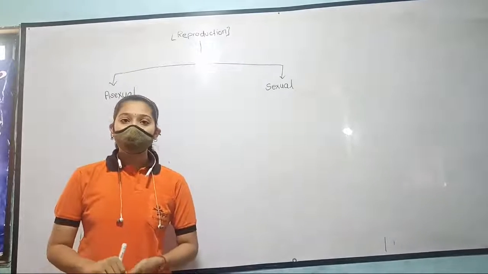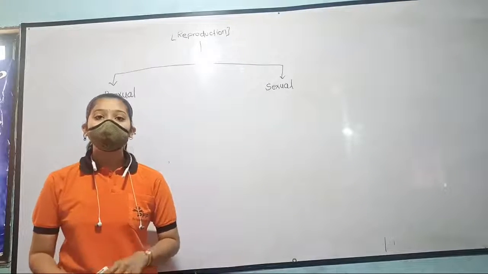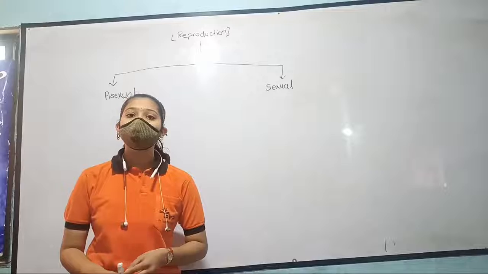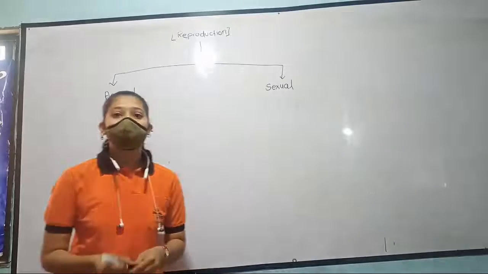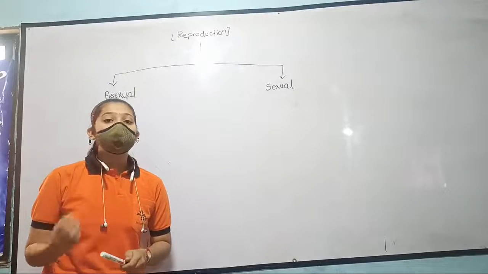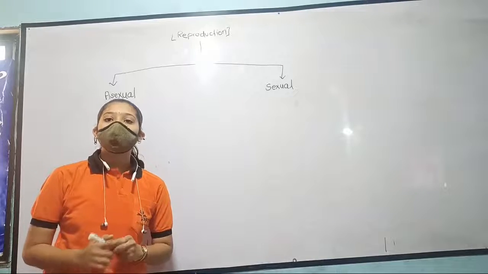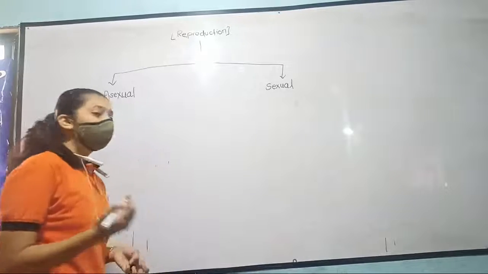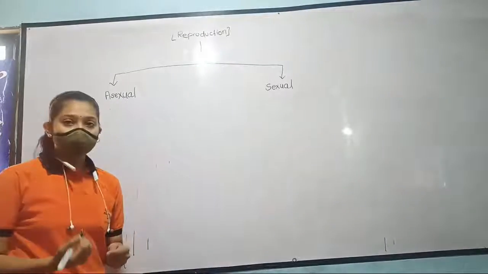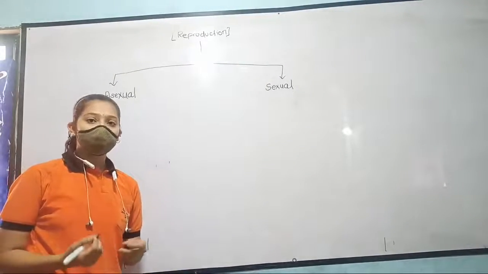In the fertilization event, there are two types: external fertilization and internal fertilization. And what is fertilization? The fusion of both male and female gamete is called fertilization. The male gamete is called the sperm and the female gamete is called the ovum.